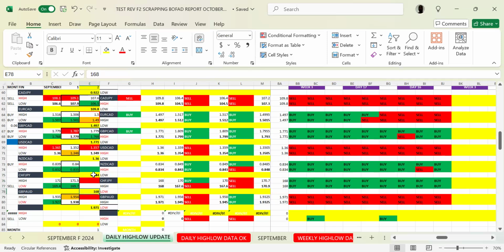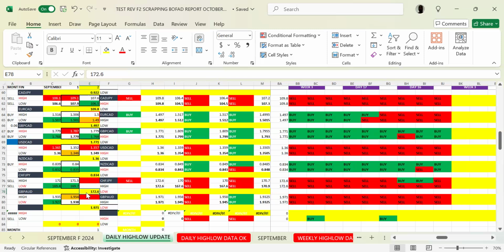So the next product is CHF. For CHF we have four moves. The first move is 169.4. You can see it's a buy currently. Then at 172.6, that's the second move, you can see that it's a sell currently.